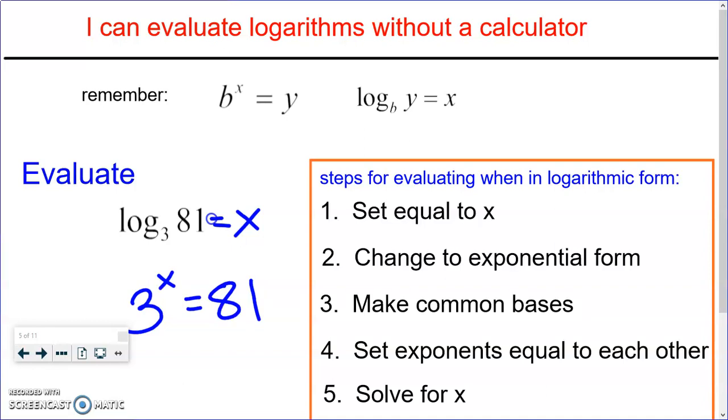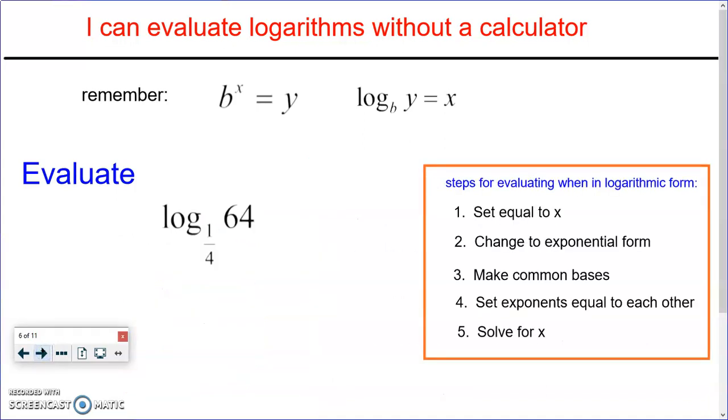We want to solve for x, so our question is how many times does 3 need to be multiplied by itself in order to get to 81? So 3 times 3 is 9, times 3 is 27, times 3 is 81. That tells us that x equals 4.